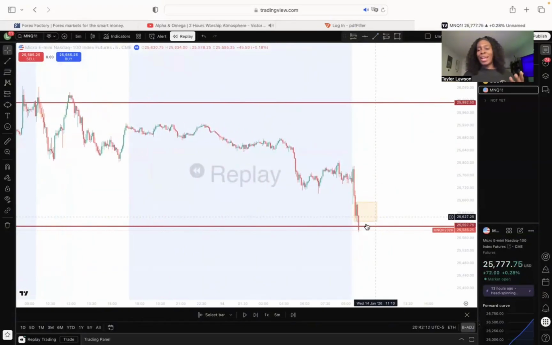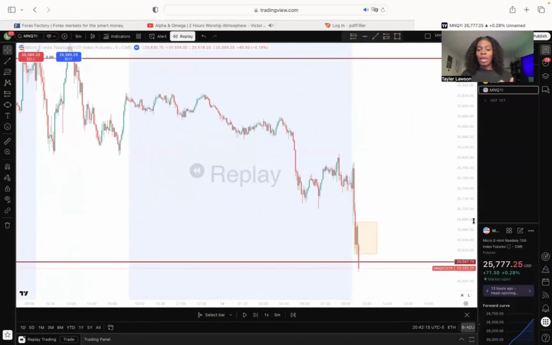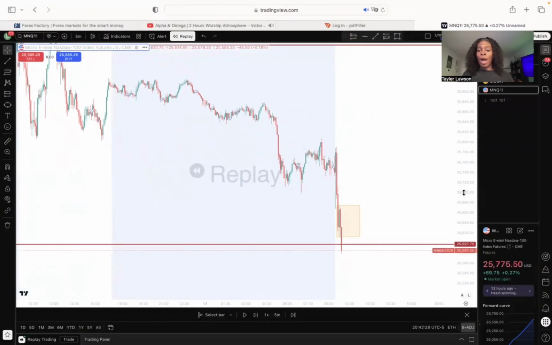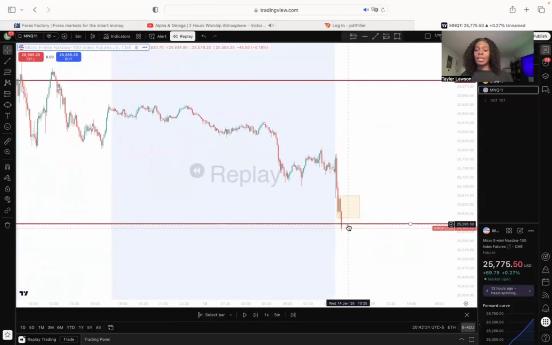So I said, okay, if price comes and closes below this support line, I will get in for a sell. I will get in for a sell because I know that after a while of price testing this support, if price continues to close below this line, there's a very good chance that price will continue to sell in the market.